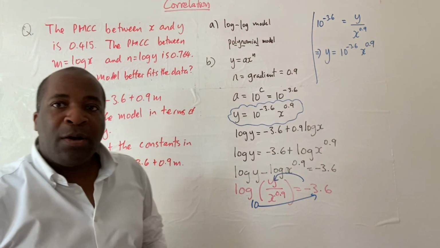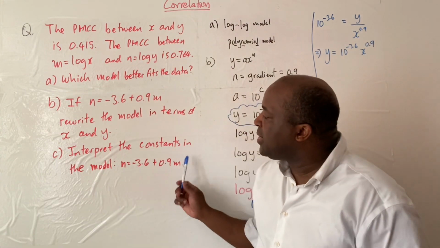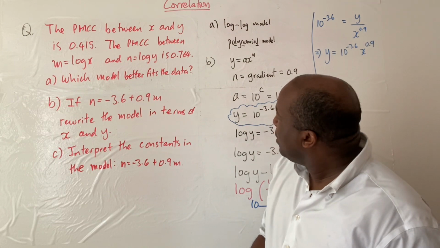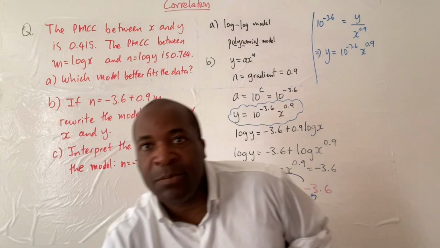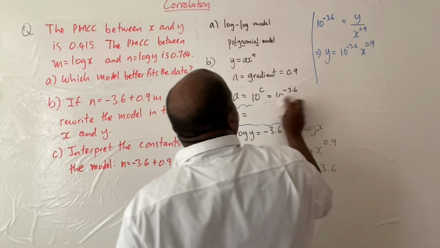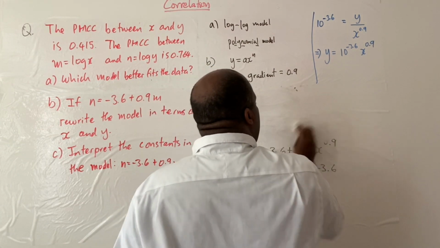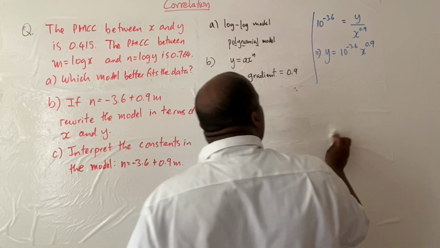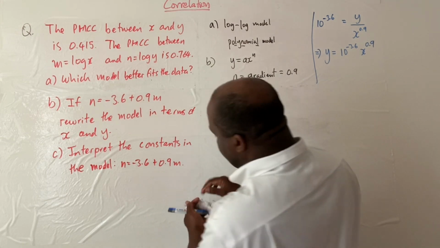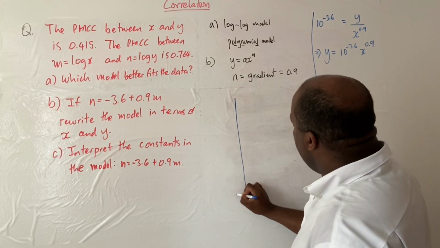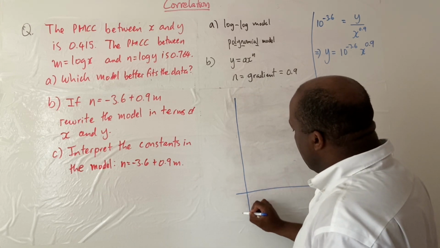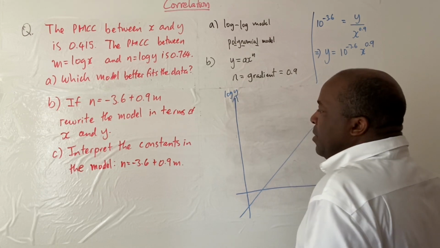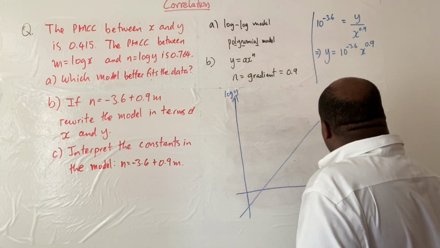All right. So in part C, we're asked to interpret the constants in the model n equal minus 3.6 plus 0.9 m. So let's clear some space, and then let's have a go at that. So do be aware we are dealing with the log-log model. So we can just do a sketch. So that would be log y and then log x.